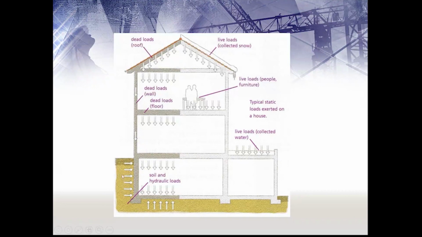Here we have the pressure of the soil acting on this underground foundation, and here we have the water. The water collected from the roof that is stagnant in this position can also be an additional load for this slab, and we have to consider it in the design.